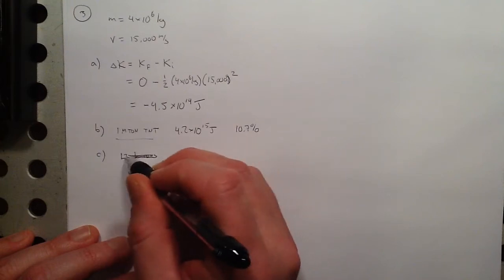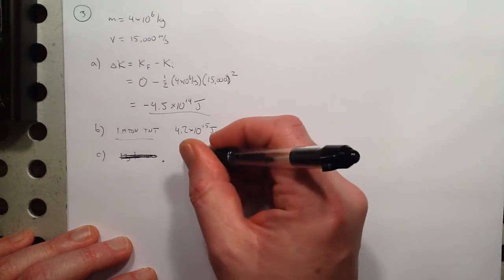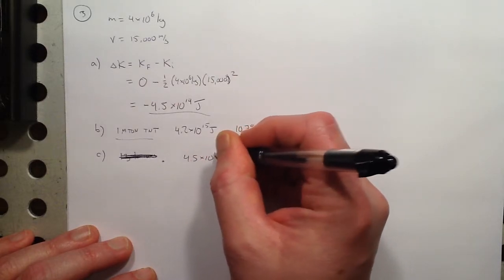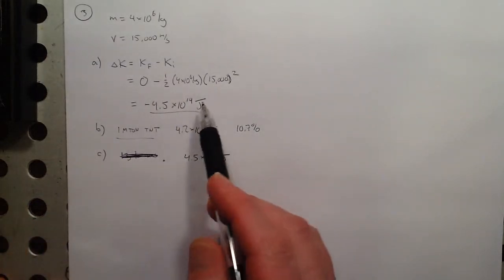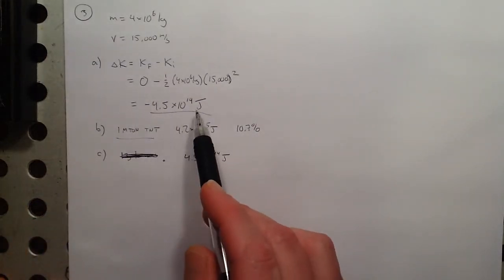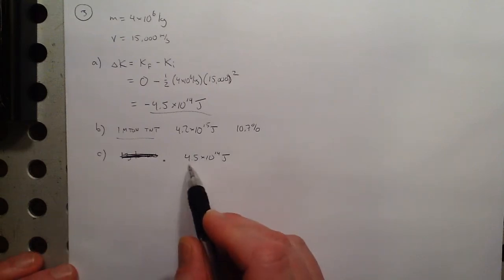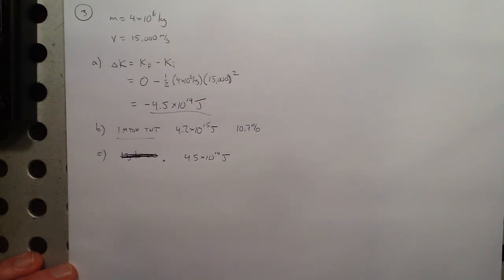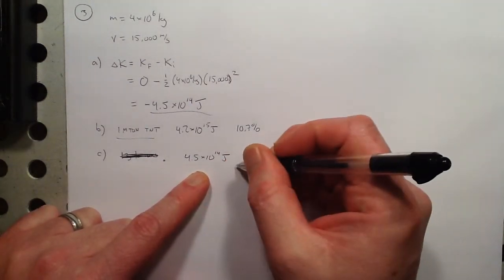Let's see how we should think about this. This is how much energy we have. 4.5 times 10 to the 14th joules. If you're wondering where the negative sign went, I'm just trying to figure out how much energy this is. This is how much the meteorite would lose, and since energy is conserved, that means that energy is converted into basically destruction. So this is the energy associated with that impact. The meteorite loses it, and unfortunately we, the Earth, gain it. So that's how much we have.